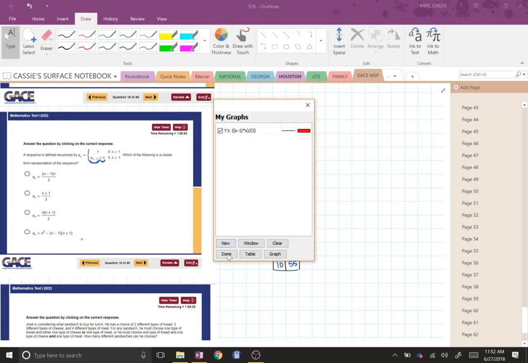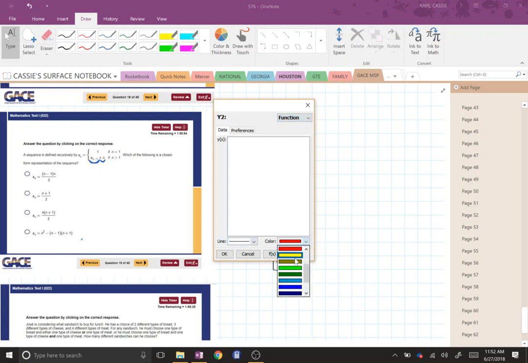I hit OK, and I'm going to do the next one. Remember that I always do these in Roy G. Biv color order so that I can see them. The next one is n plus 1 over 2, so entire numerator, n plus 1, divided by entire denominator, 2.